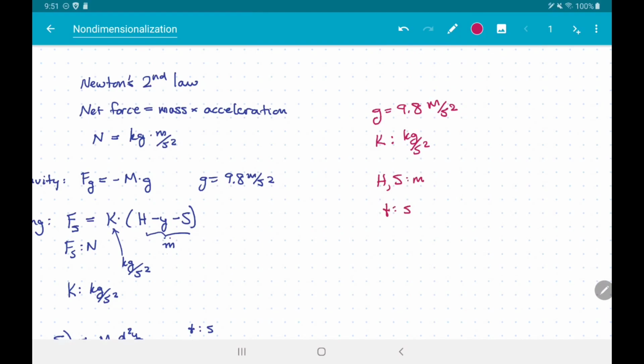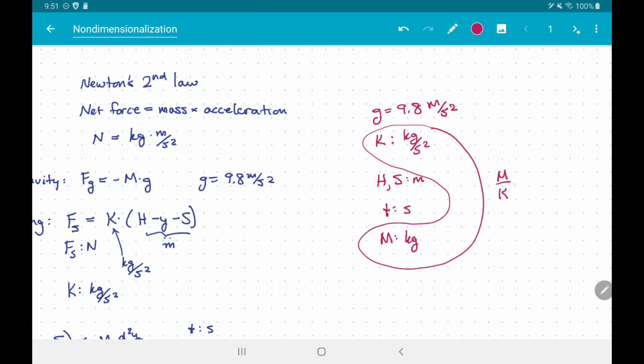So if we wanted something that had some kind of characteristic time scale, oh, and I forgot the mass of the object. So mass is in kilograms. So if we wanted something that was kind of a characteristic time scale, then one thing we could do is to combine these and see again that if you do m over k, that has units of kilograms over kilograms per second squared, which is really equal to just seconds squared.